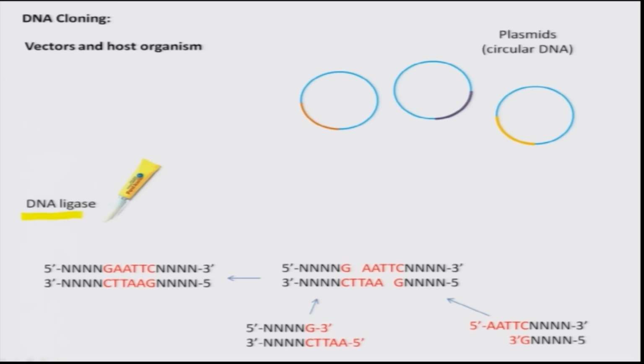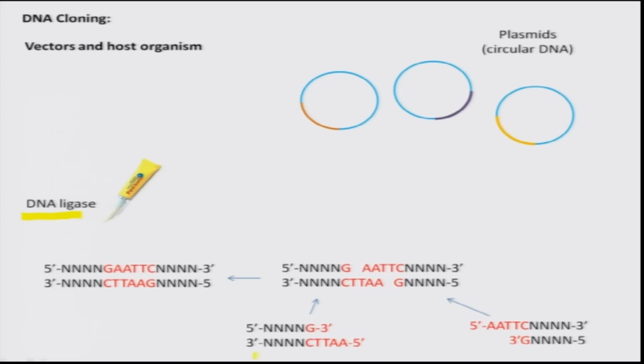So, whenever there is damage in your DNA, this enzyme is expressed and is able to join, right. That is how you are able to maintain your DNA, and such enzymes, which are again proteins, are extracted from E. coli and other such sources, and we use this protein to stick two different DNA fragments.